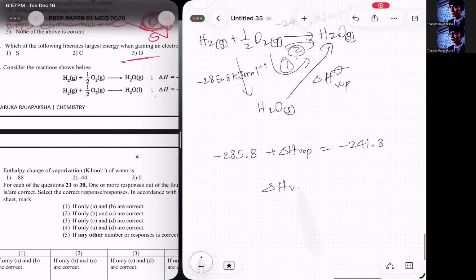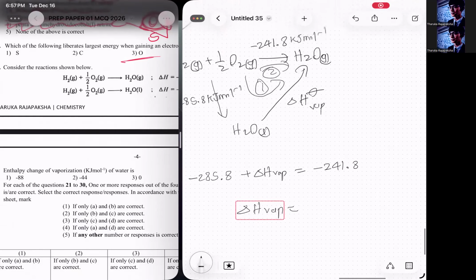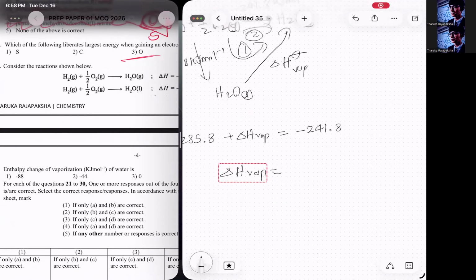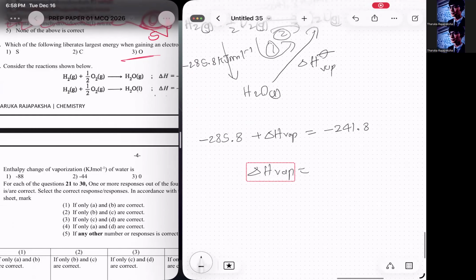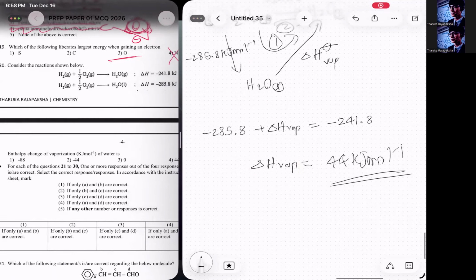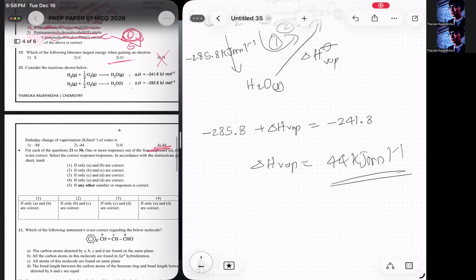Delta H vaporization will be how much? When you take this to the other side, it's going to be 285.8 subtracted by 241.8. That's going to be 44. That's going to be answer number 4. 20th one, answer number 4.